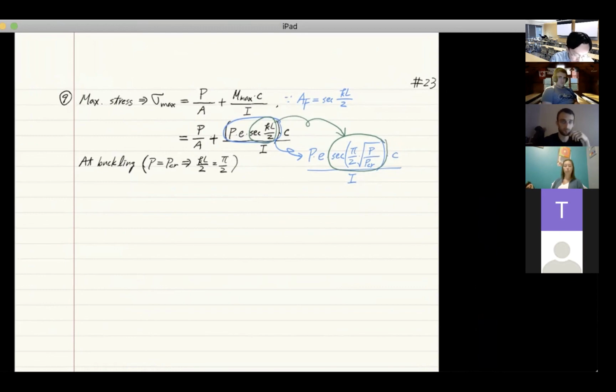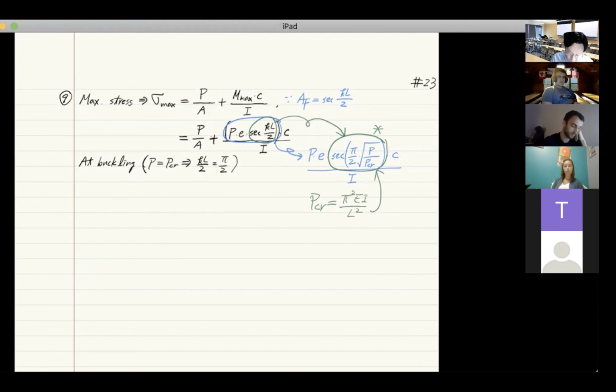I'm going to leave it as practice because we have other things we need to talk about. If you would like to figure it out, just plug in this. PCR is pi squared EI over L squared, right? Just plug it in, and by canceling out some of the terms, eventually we'll get back to k over 2.